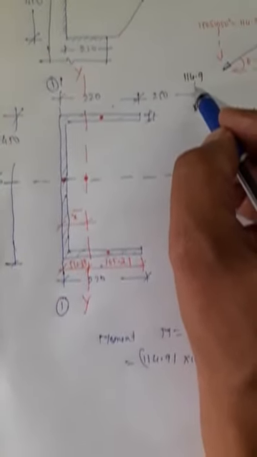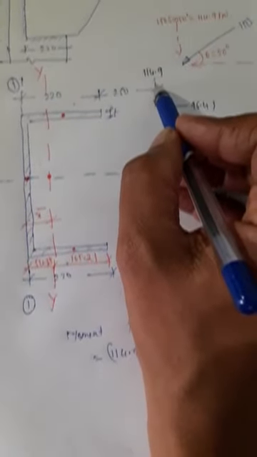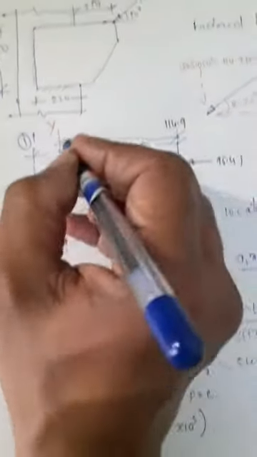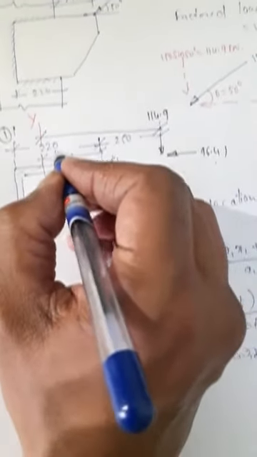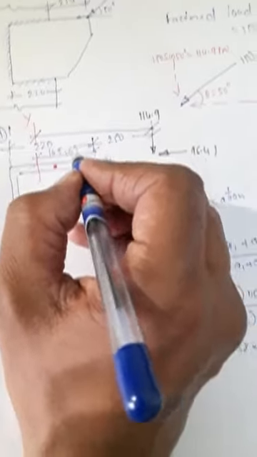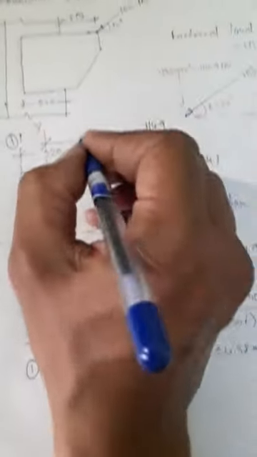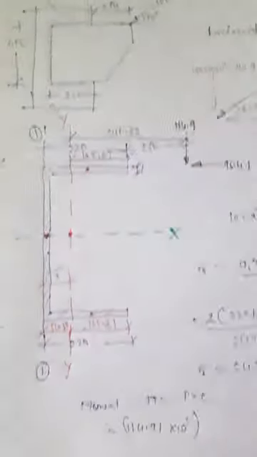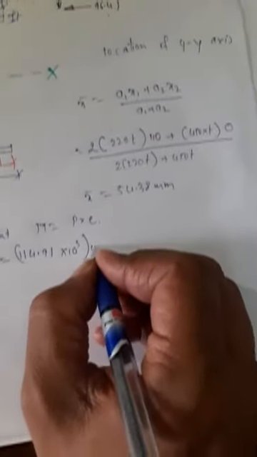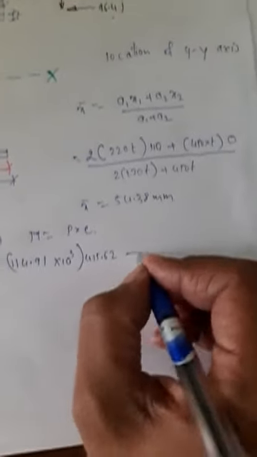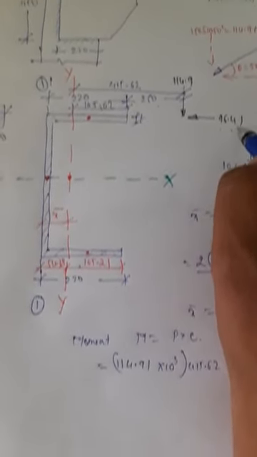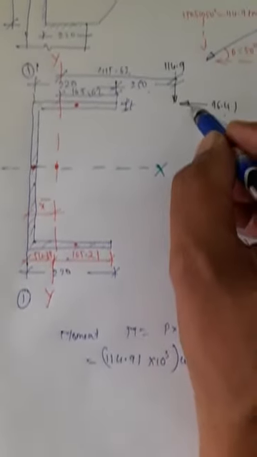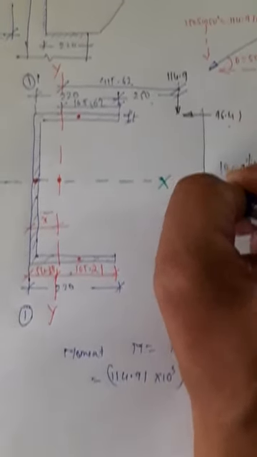The perpendicular distance of this load from this axis is 165.62 plus 250, which is 415.62. So this will be 415.62, minus this 96.41 produces anti-clockwise, so I am going to make it minus, into the perpendicular distance from here till here.